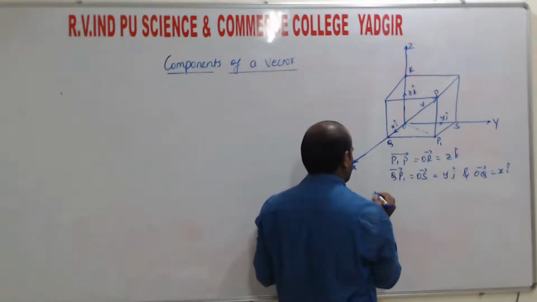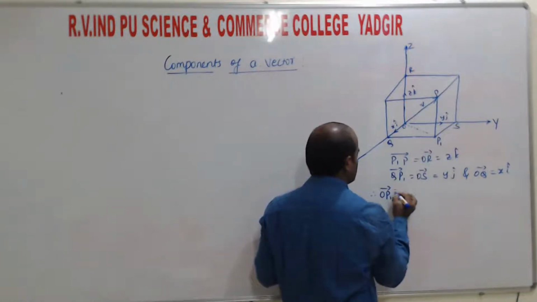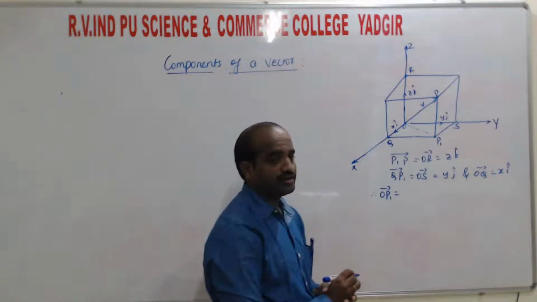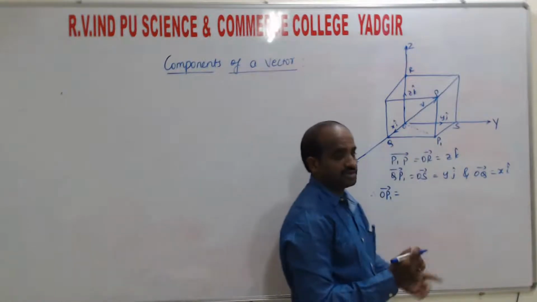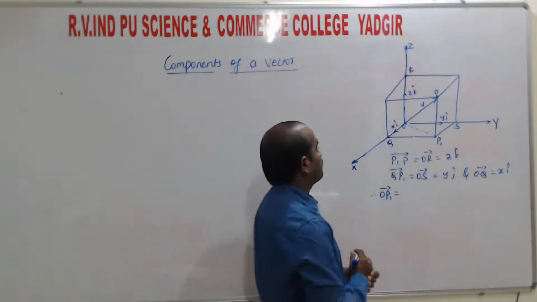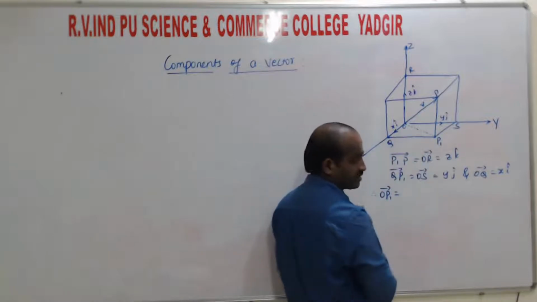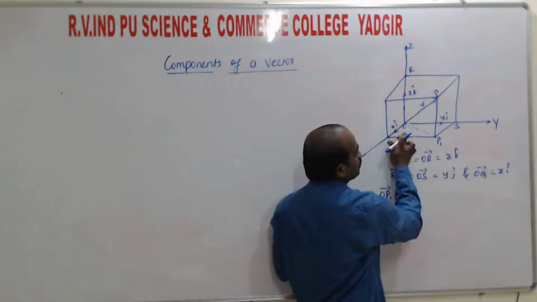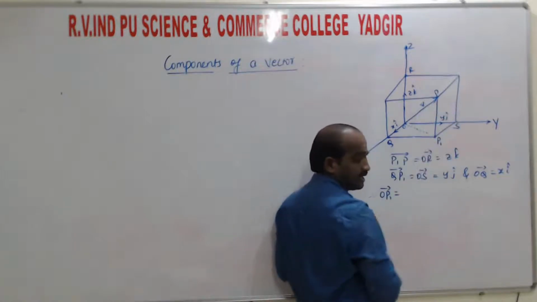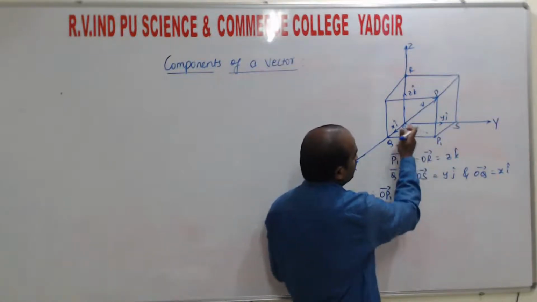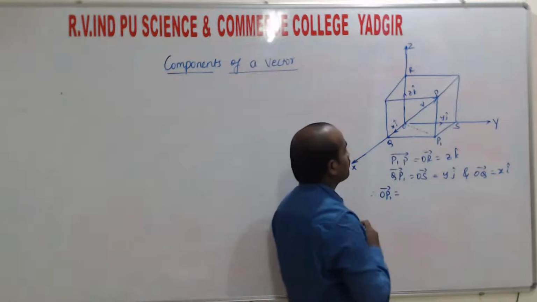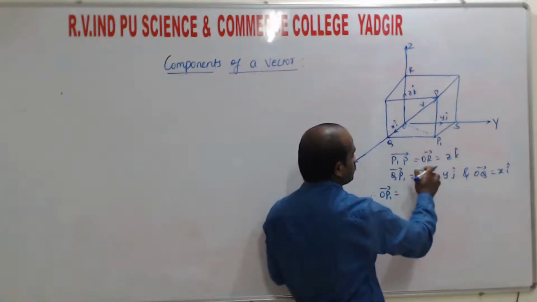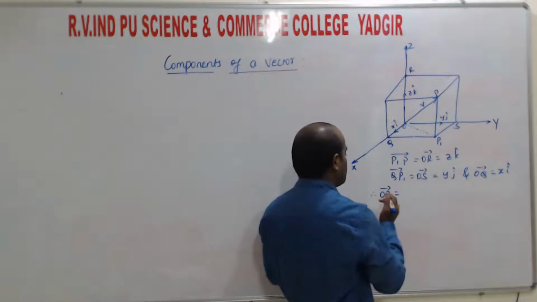Next, therefore, OP1 vector is equal to... Now you have to find the OP vector in components form. First, we have to find the OP1 vector. After that, OP vector is equal to OP1 plus P1P. I don't know OP1 yet, but P1P is already known, this is z k.